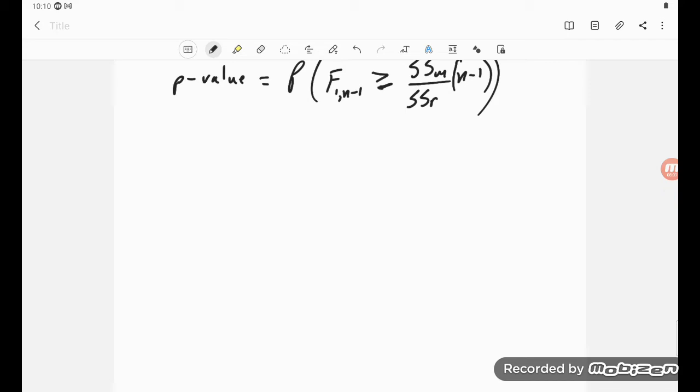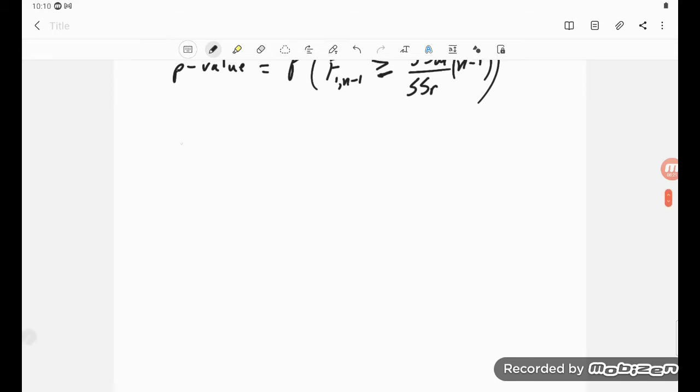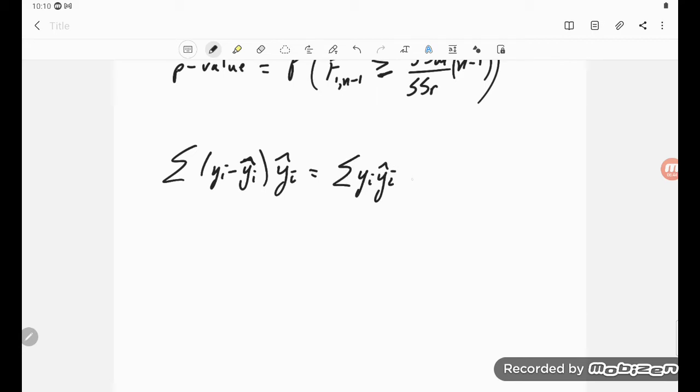Now, on the fact that that middle term was 0, well, let's look at the sum of yi minus, nope, not y bar, y hat i, times y hat i. Okay, this is the sum of yi times yi hat minus the sum of yi hat squared.